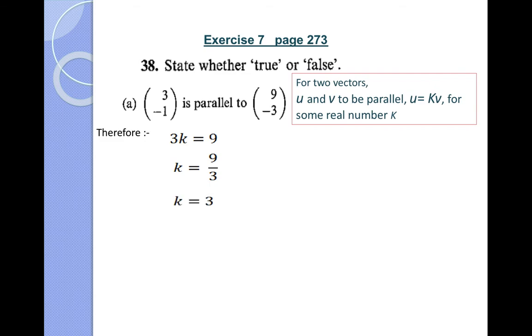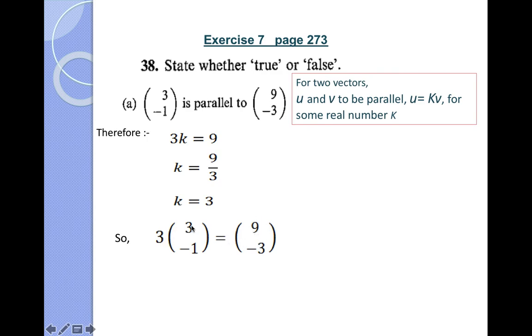Now analyze this scalar k with the y components also. You can understand that -3 is a scalar multiple of -1. So when you multiply the column vector by the scalar 3, it results in (9, -3).